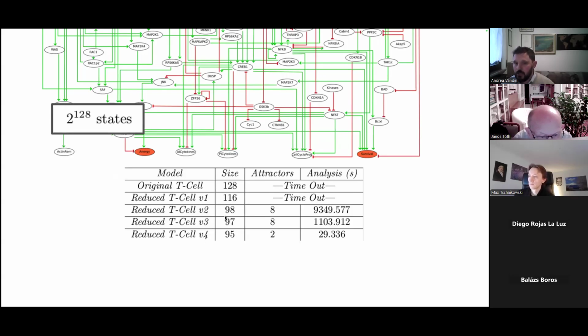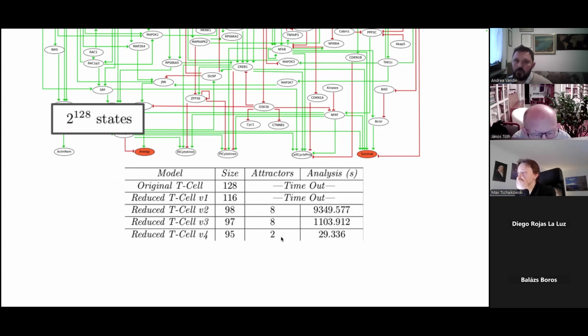Our reduction techniques allows you some fine-tuning. You can stress what you want to preserve. So we can see that original model cannot be analyzed. A model reduced just a little bit cannot be analyzed. Model reduced a little bit more can be analyzed, and you get 8 attractors.